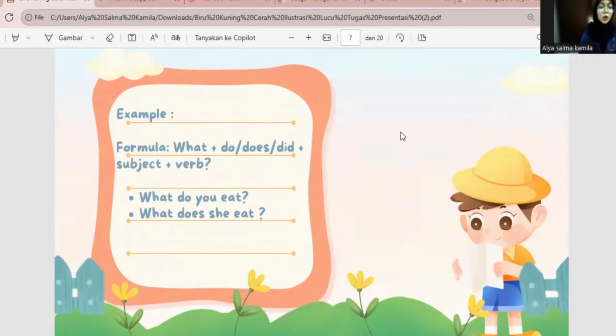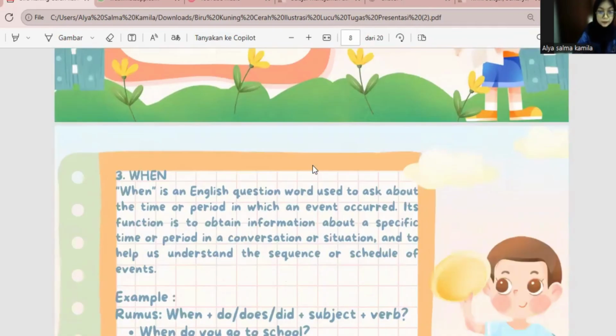The formula is what plus do, does, did plus subject plus verb. Example, "What do you eat?" or "What does she eat?" The auxiliary verb depends on the subject and tense: does for he, she, it; do for I, you, we, they; and did for past tense.